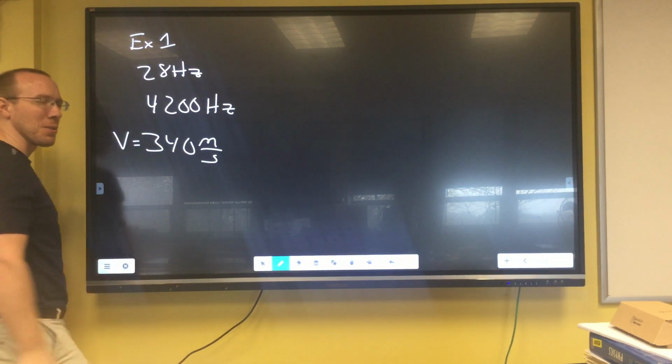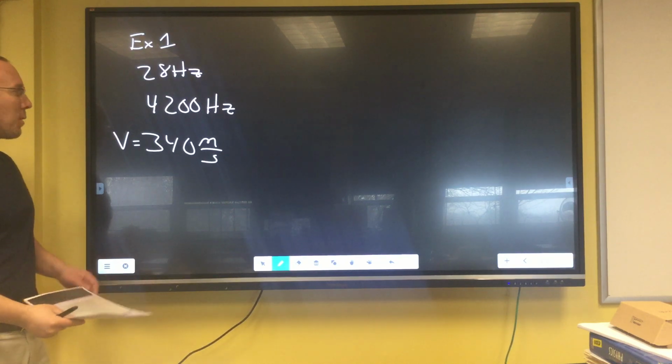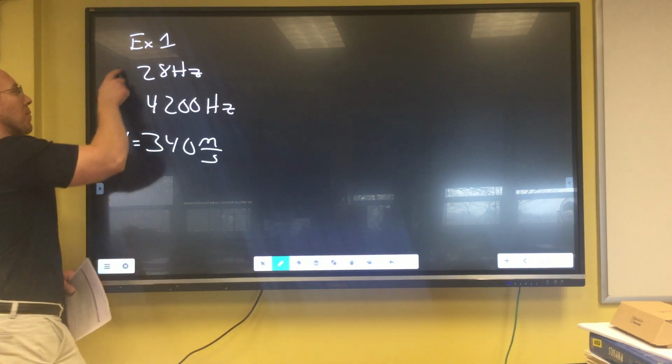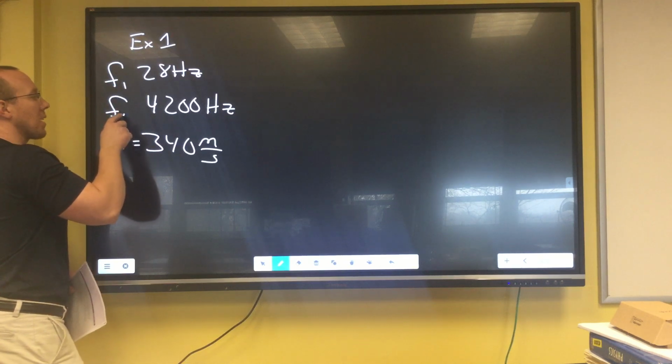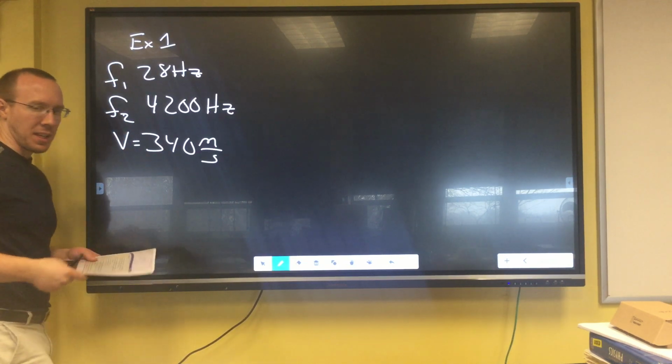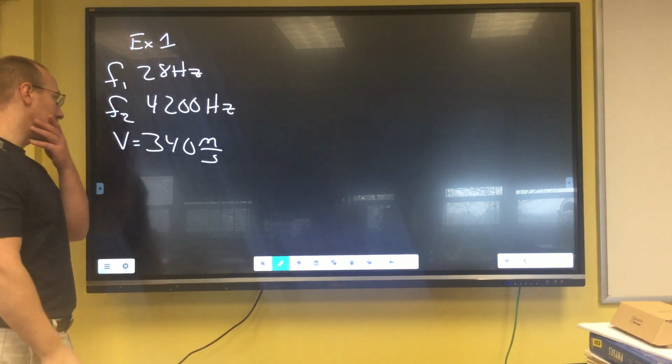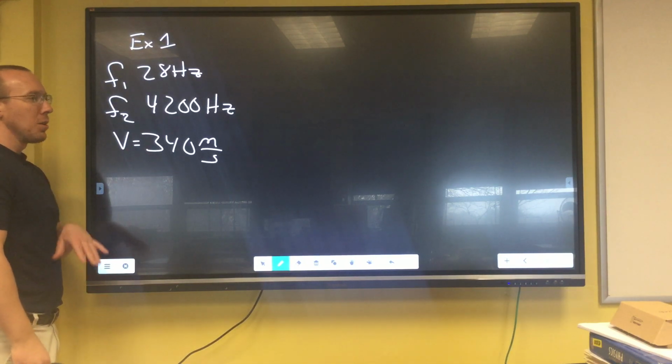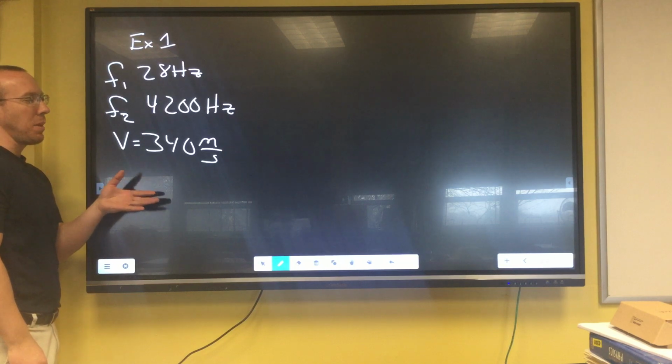I want to keep putting the vector over v. If you did that, I wouldn't think anything of it. So here's our first frequency, here's our second frequency, and basically all we want to know is the wavelengths produced by those two. So this is the speed of sound that they picked.